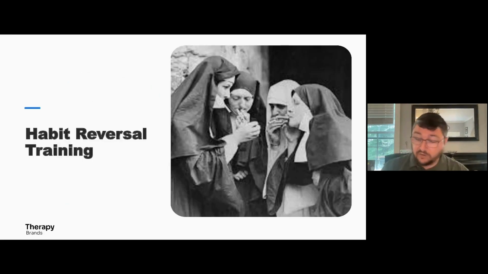What you're trying to do is make them aware of the environment, the stimuli in the environment that are around when certain behaviors occur. What I also do, and I'm going to use behavioral terms, is fear extinction.